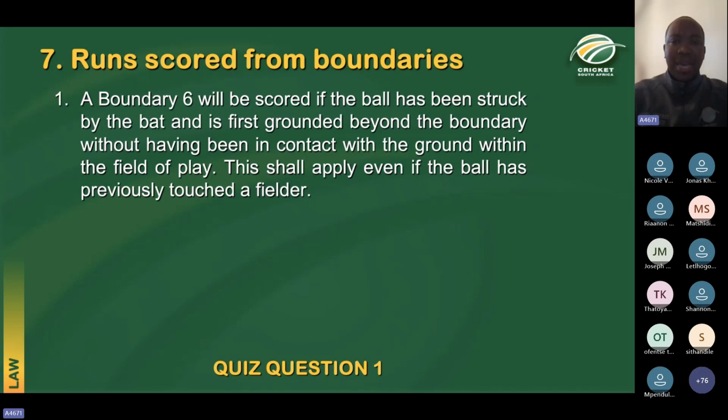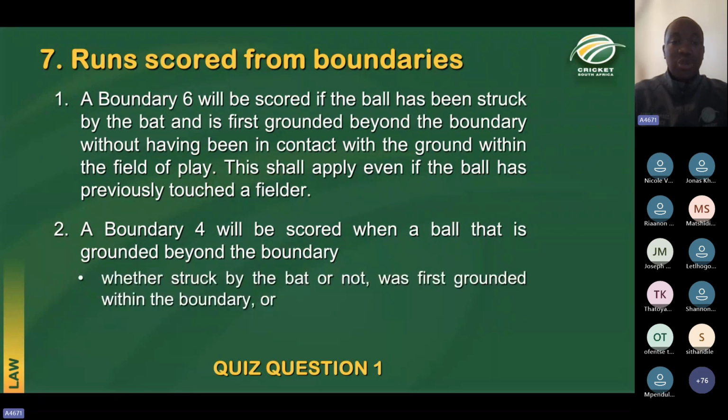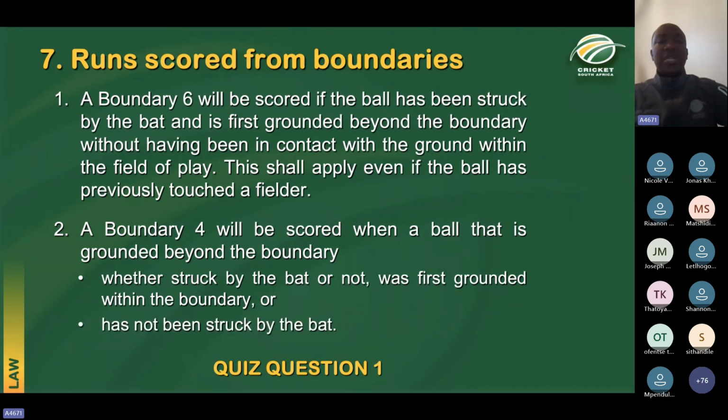This shall apply even if the ball has previously touched a fielder. A boundary 4 will be scored when a ball that is grounded beyond the boundary, whether struck by the bat or not, that's also important, was first grounded within the boundary or has not been struck by the bat.